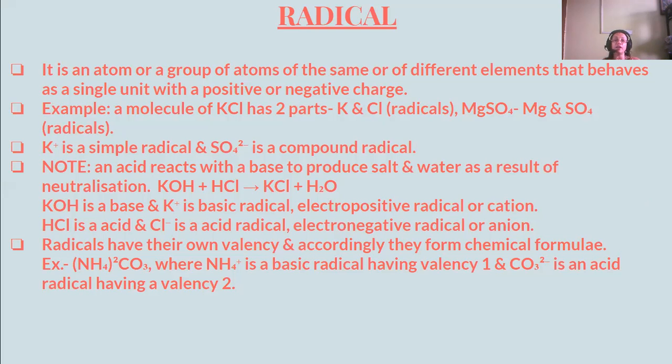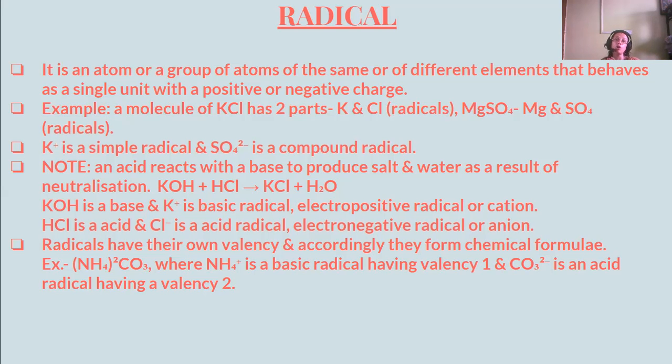Till now we have studied a single element having a symbolic representation. Now we come to radicals. A radical may be a single atom or a group of atoms of the same element or of different elements, but they behave like a single unit, having a positive charge or a negative charge.